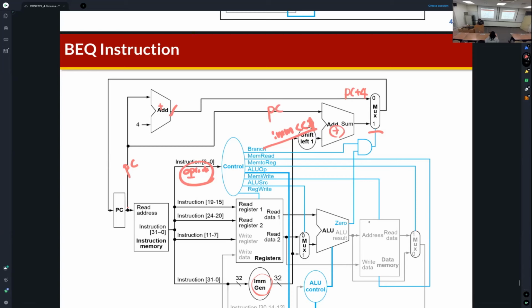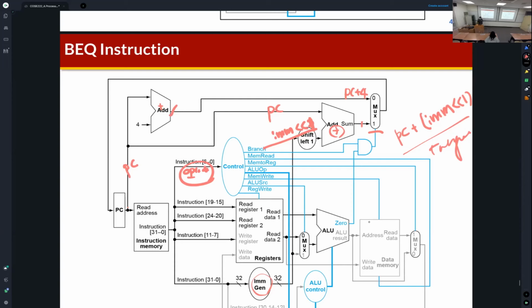So the output of this adder is the current PC plus the immediate shifted left 1, which is the target of the branch instruction. So what does that mean?